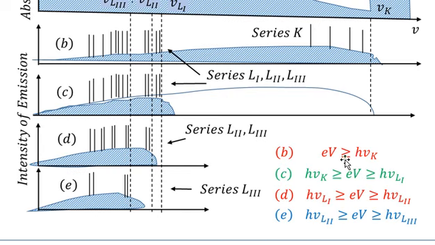And you see that I have shown the energies over here. In the B plot, the energy of the electron represented by eV is greater than or equal to h nu K. That is, it is either equal to or greater than the energy required for the K edge, that is, for the ionization of an electron from the K shell.